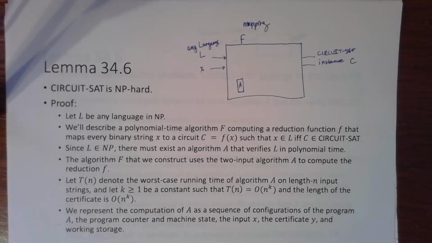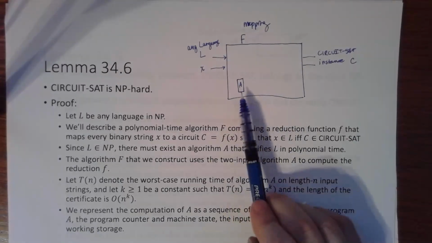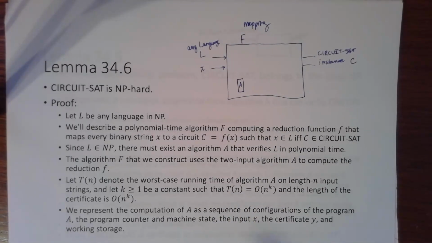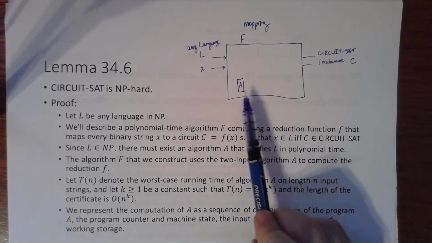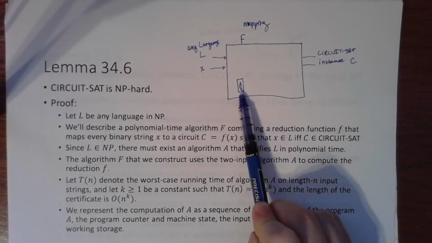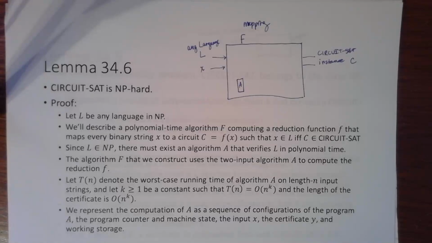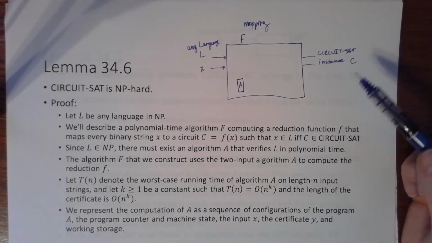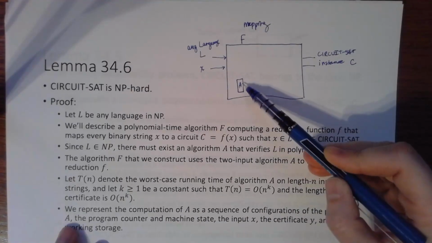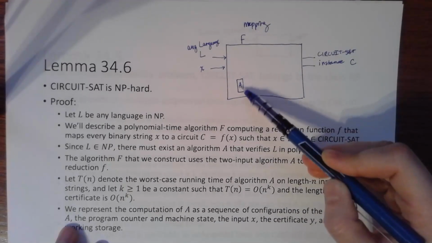We're going to represent the computation of this algorithm as a sequence of configurations, as the program that implements this algorithm is running on a specific machine. Imagine we have the algorithm, which we could represent as some kind of binary input.